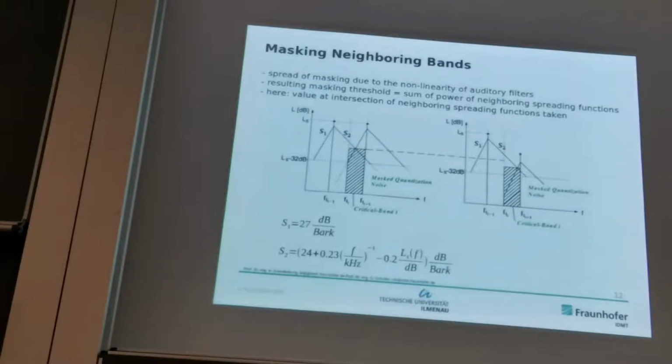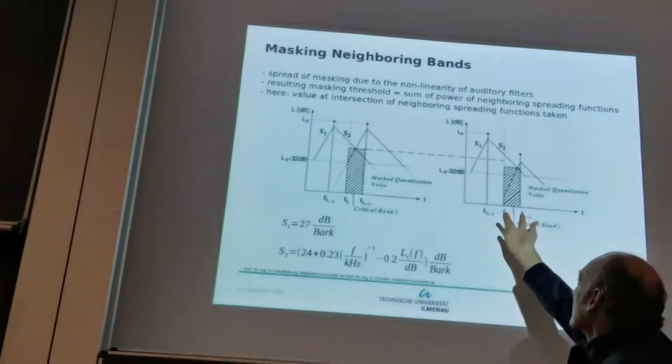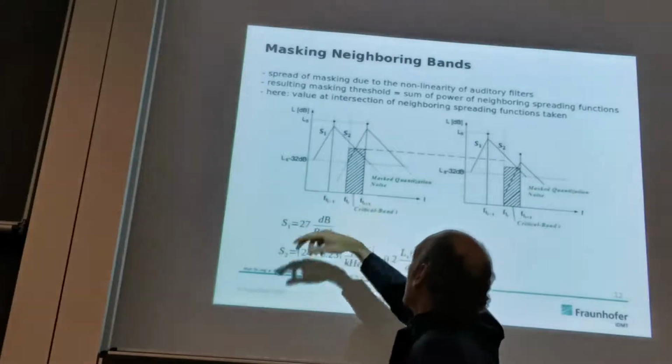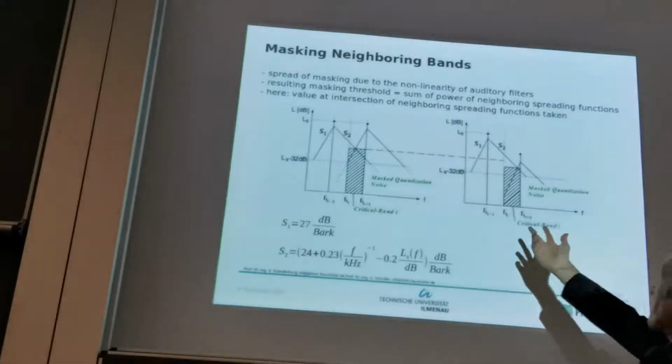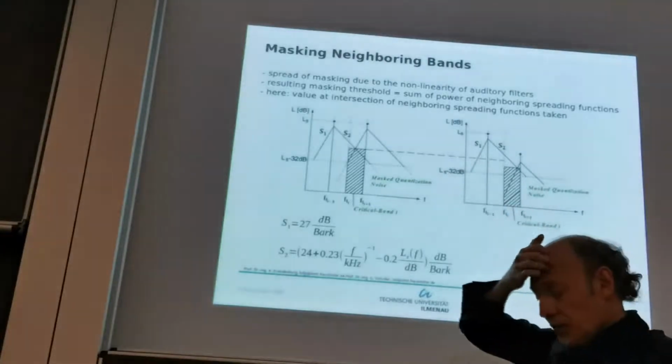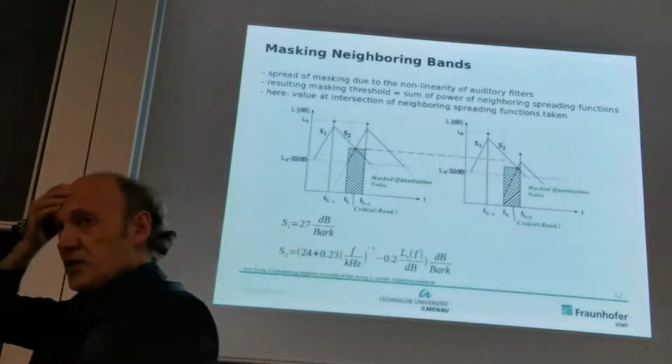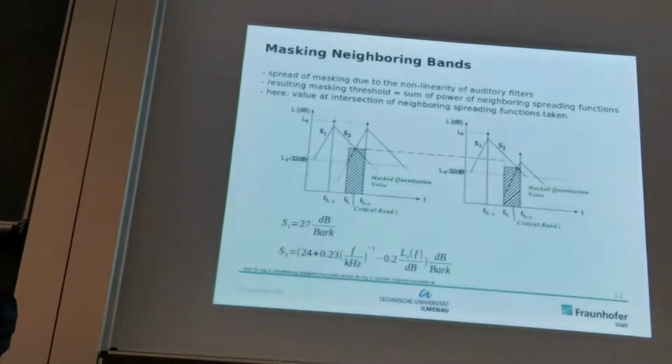Yeah. So again here, this is one critical band. And also this shows when you have quantization noise in a critical band, basically you add up this quantization noise to become one signal. So this is relevant when we have several of our subbands covering one critical band.